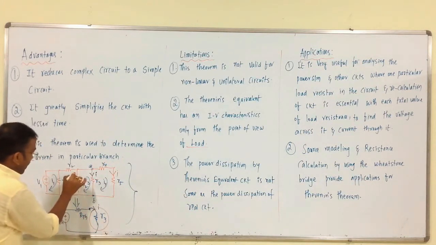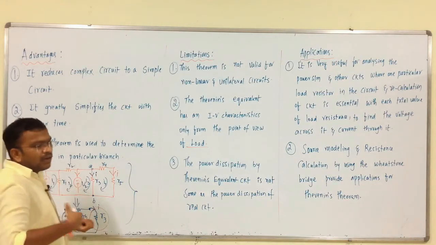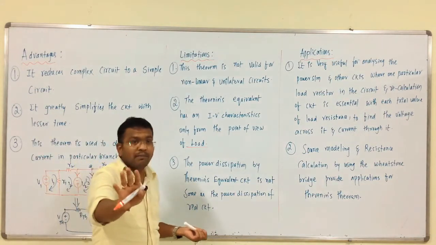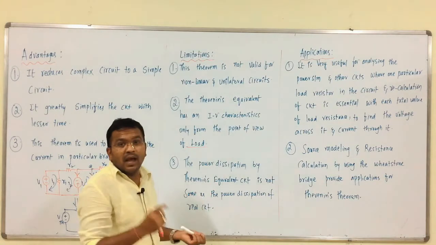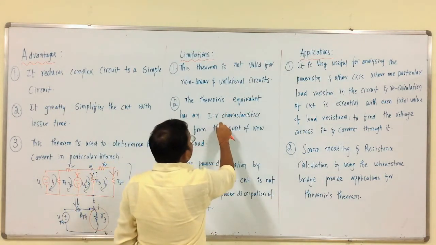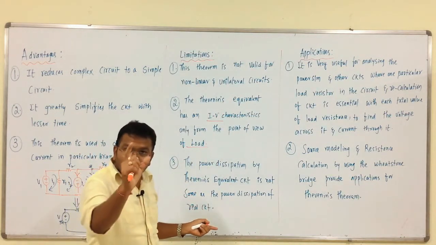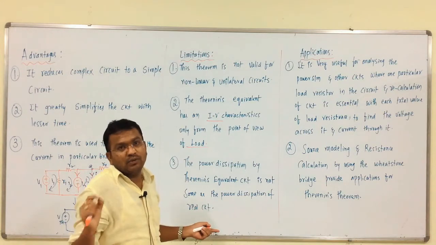If we have to calculate the power delivered by this voltage source, for us this V2 is nothing but load. So, depending upon load requirement, we have to get the different IV characteristics. So, the Thevenin's equivalent has an IV characteristics only from which point of view? Only from load point of view, that is it.